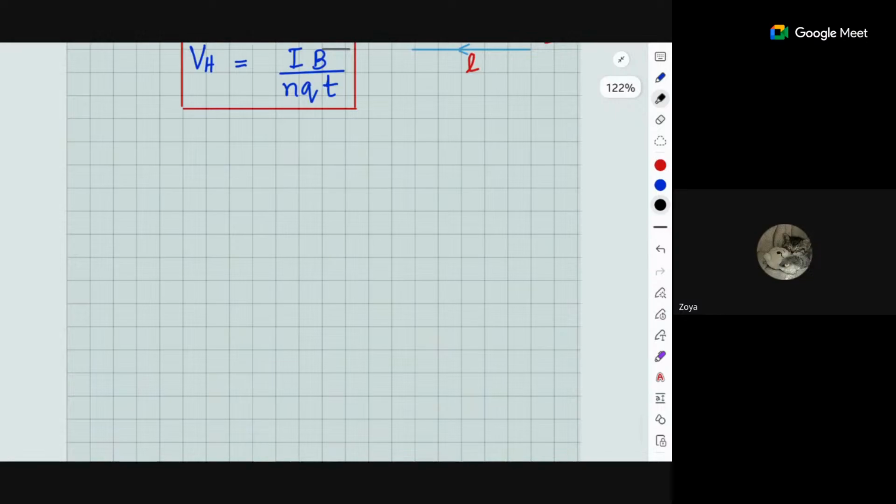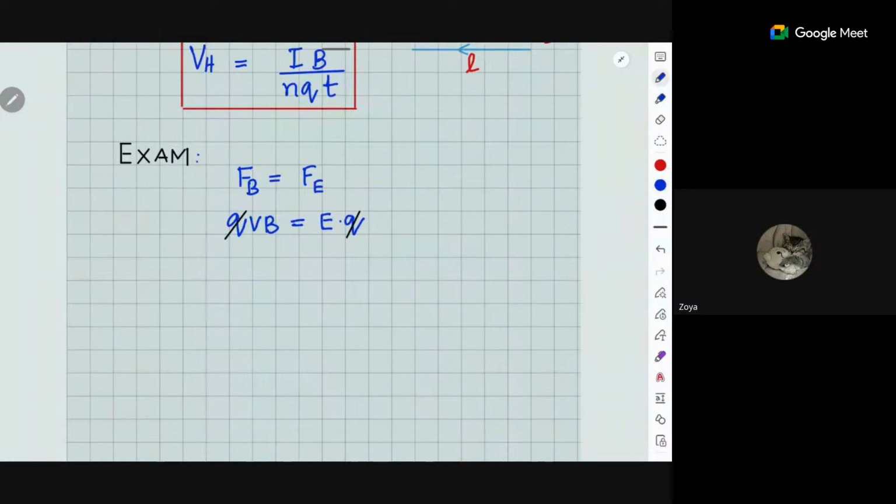What are the main points you will write for the exam? For example, this is an exam derivation, right? For the exam derivation, you will write F_B equals F_E or vice versa. You will write q v B, and that will be equal to E by e into q, and from here you will cut the q's and replace the values.